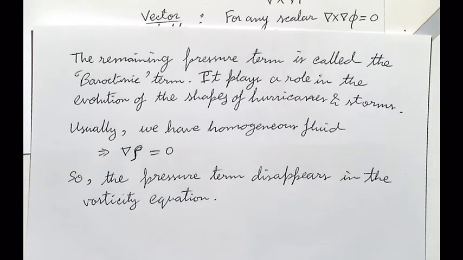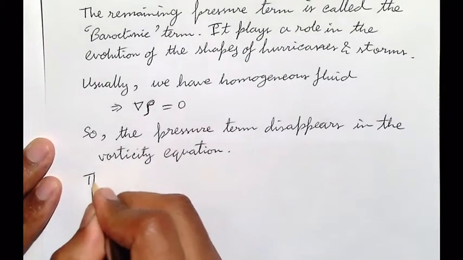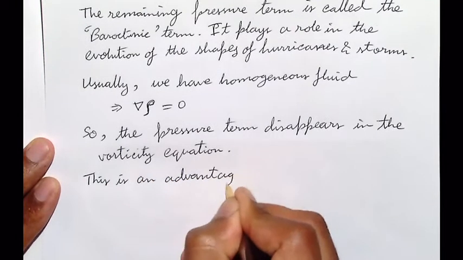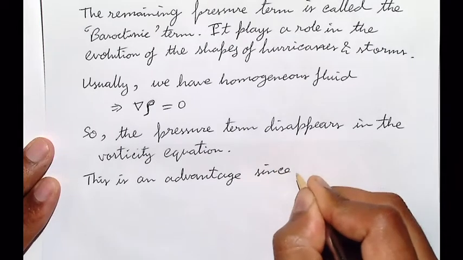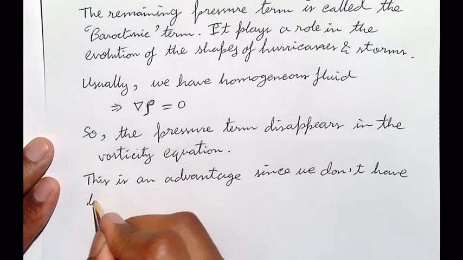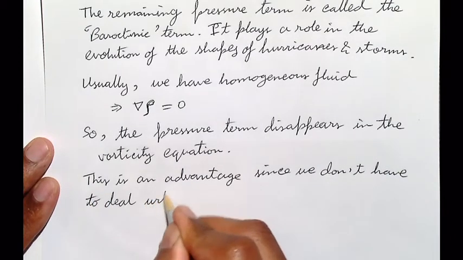Also, the boundary conditions for imposing pressure are always problematic. Okay? We looked at what to do near a wall, but there too we have to make an approximation. And when there's an open outflow boundary, people still argue what is the best pressure boundary condition to use there. So this is an advantage, since we don't have to deal with pressure boundary conditions.